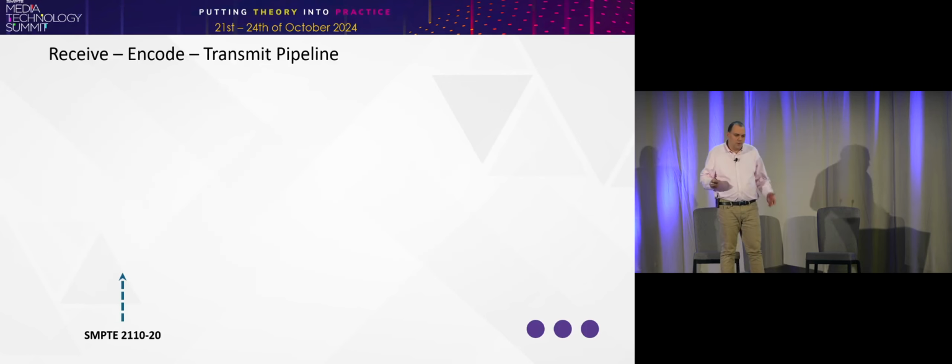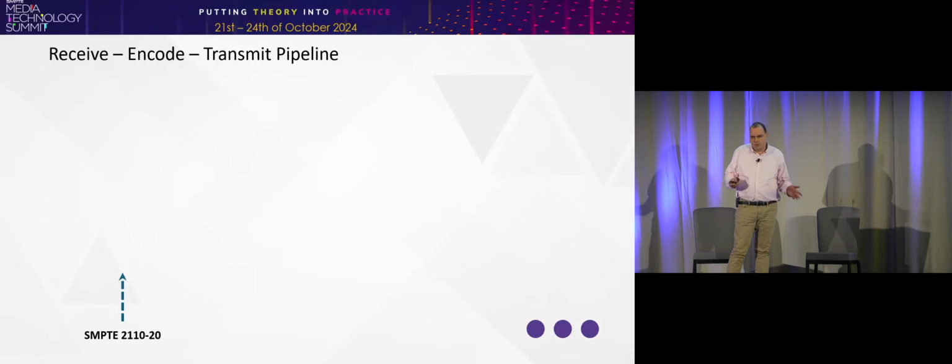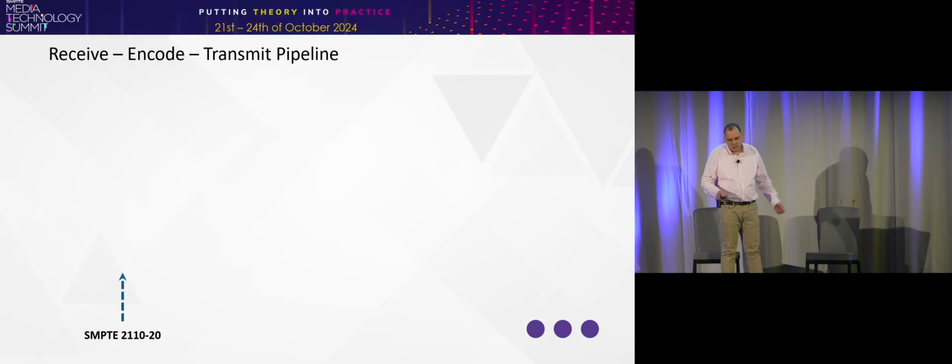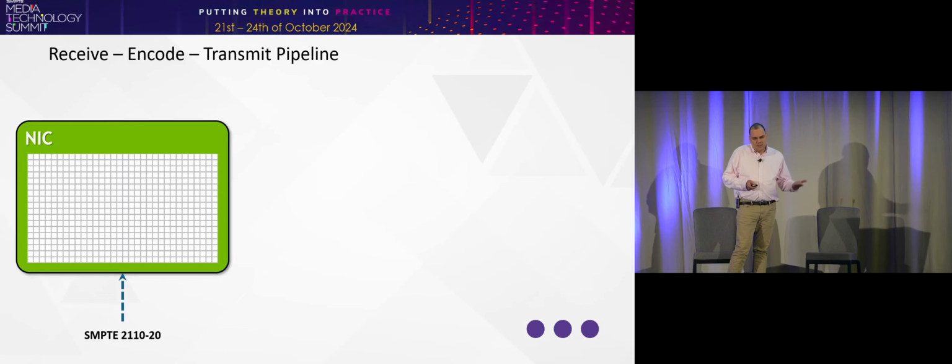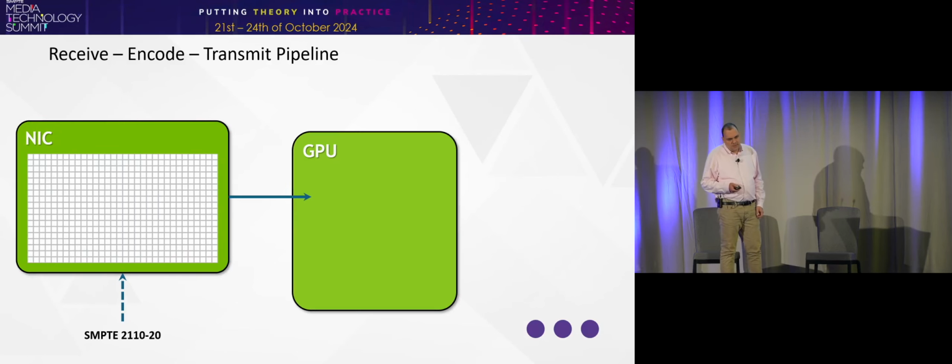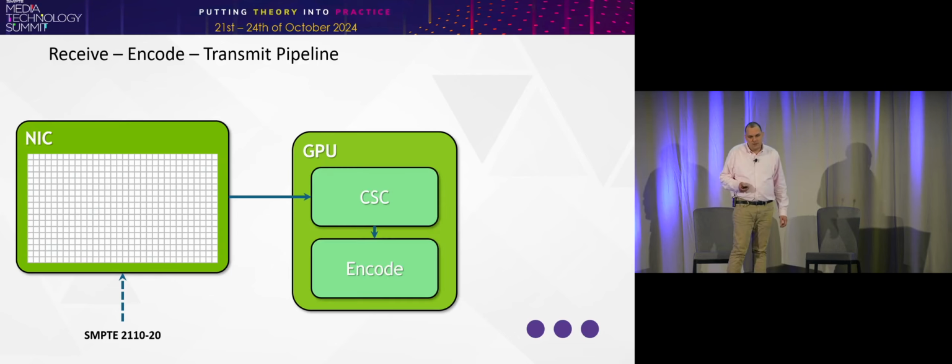So now I'm going to go over the pipeline that we were running. Everything starts with a video source, a source of ST2110-20. The -20 is the video part of the standard. It comes in to the NIC. Afterwards, as I said, thanks to RDMA, it can make its way directly to the GPU.